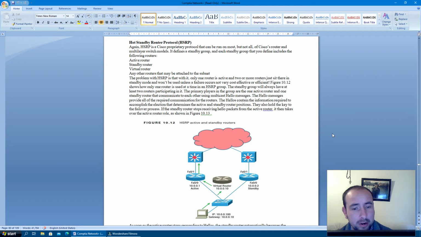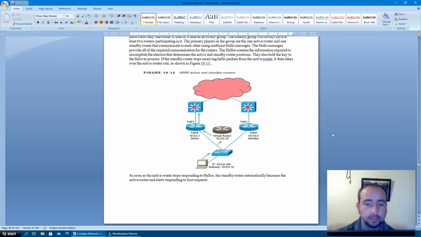If the standby router stops receiving hello packets from the active router, it then takes over the active router role, as shown in figure 10-13. So here we have our routers and the cloud.